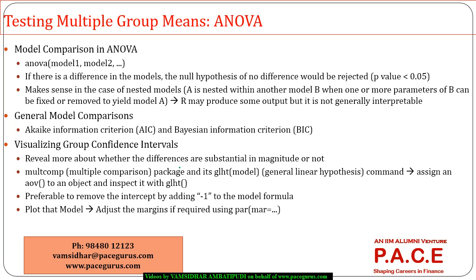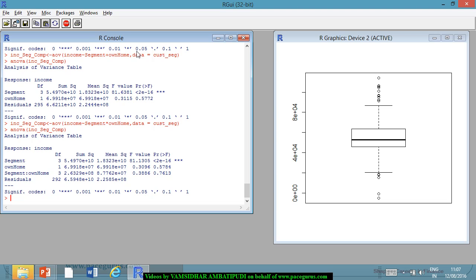And in some cases, if I have multiple models created, of course here I had created multiple models, but all of them I have created with the same name. So let's say I look at this as one model which has owning a home along with interaction effect, and let me call that INC segment comp.